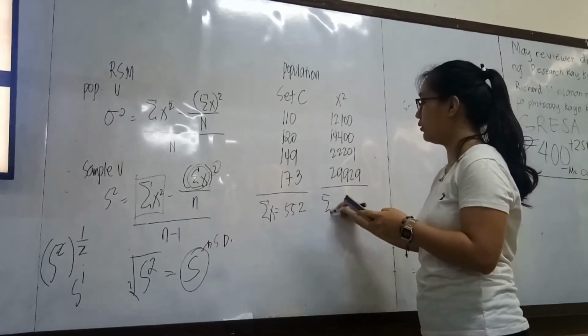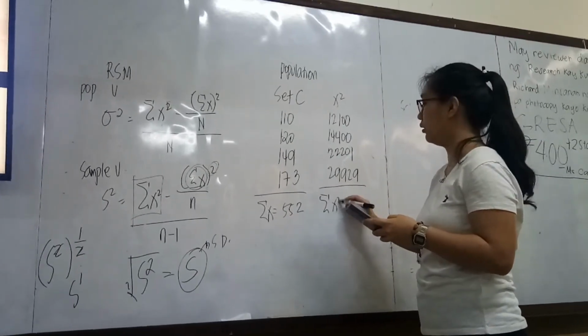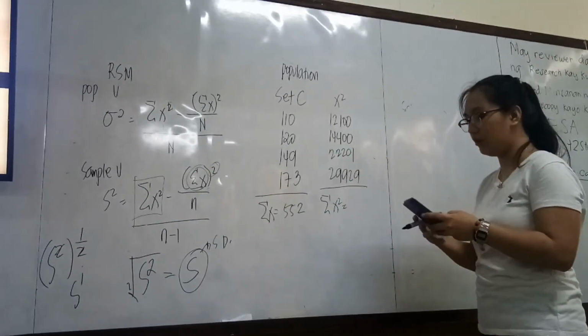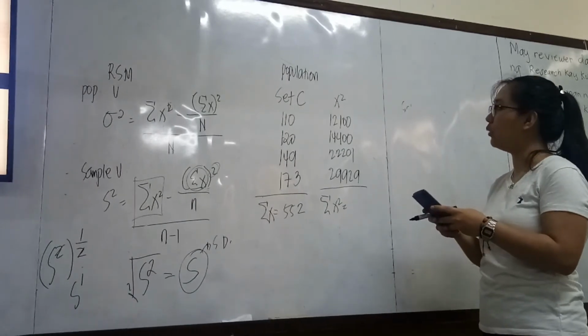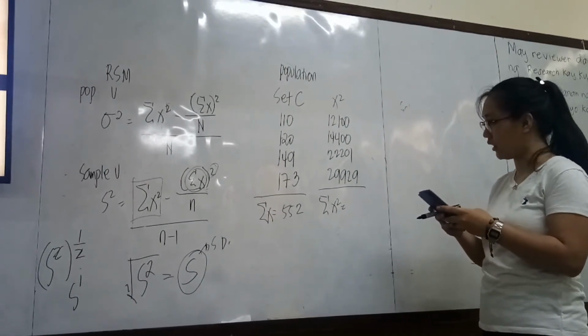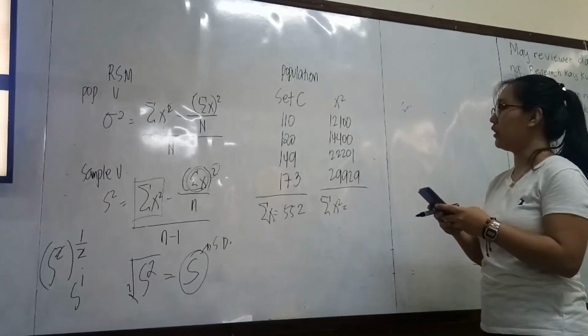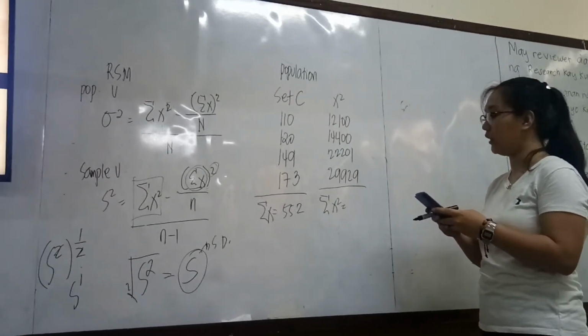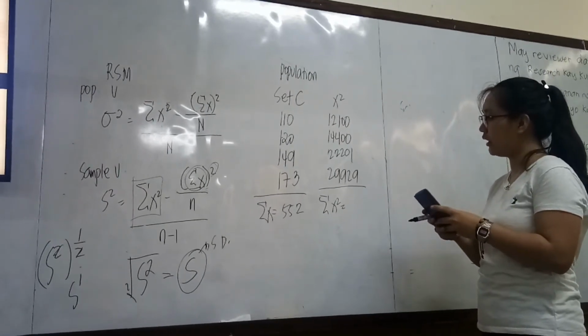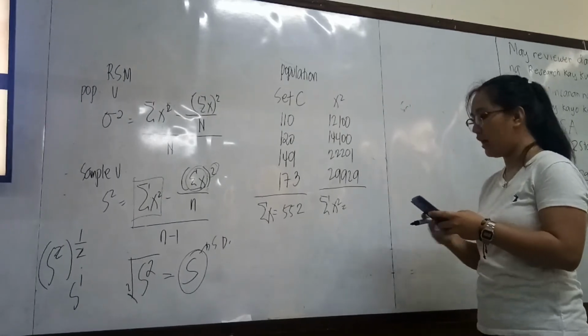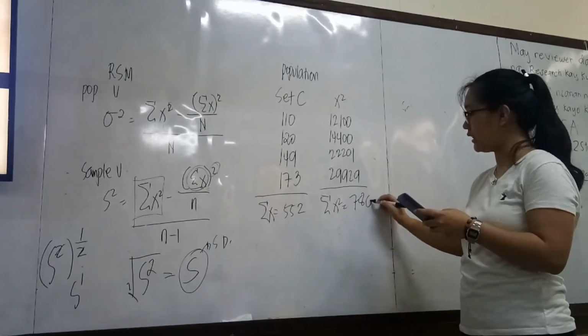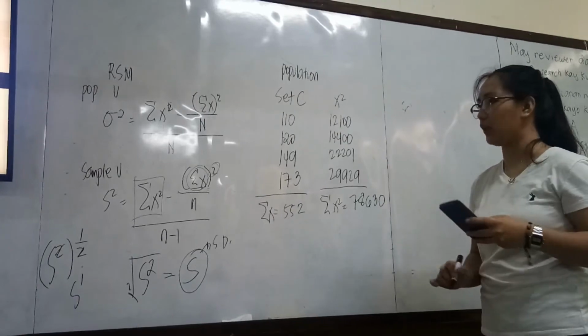All you have to do is to take the summation. Okay? Add all of the values. We have 12,100 plus 14,400 plus 22,201 plus 29,929. Okay? Answer, we have 78,630.